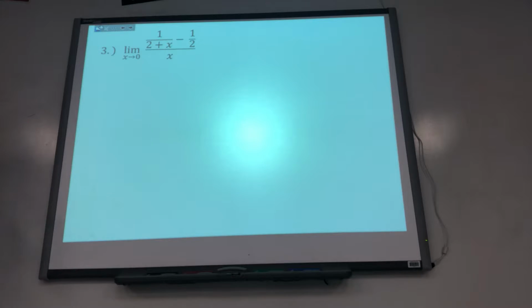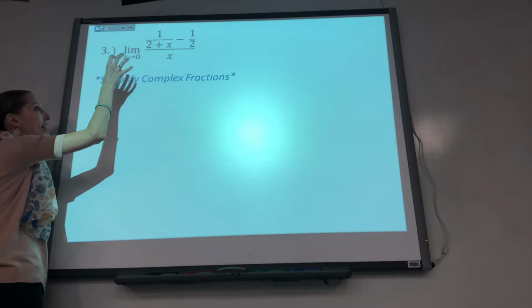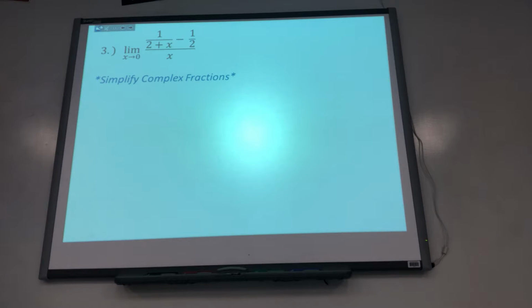So thinking about our other methods, this is definitely a complex fraction. You have fractions in a fraction. So I'm going to have to approach this using that last method that we wrote down at the beginning of class. We're going to simplify complex fractions.